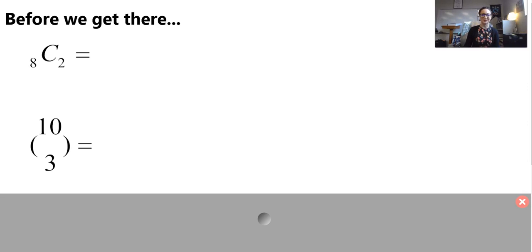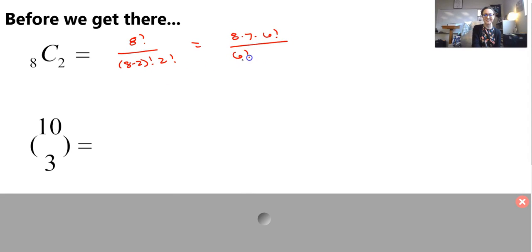Force pause on the screen. Can you copy what I have? All right, so remember there's 2 ways to write combinations. You may see it like this: 8 choose 2, and that's where we have 8 factorial in the numerator. And then in the denominator, we have 8 minus 2 factorial as well as 2 factorial. We could put this in the calculator. We could do it by hand as well. 8 factorial is 8 times 7 times 6 factorial. 8 minus 2 is 6, so that's 6 factorial.